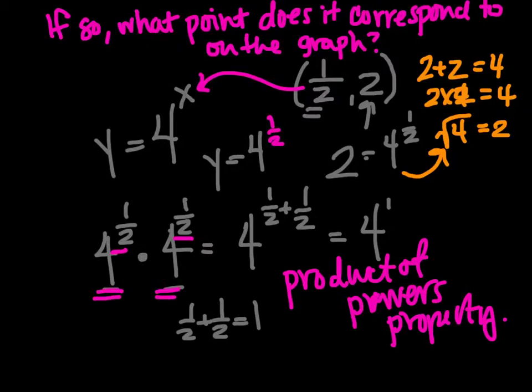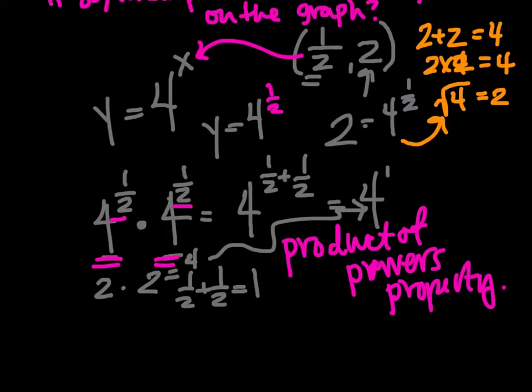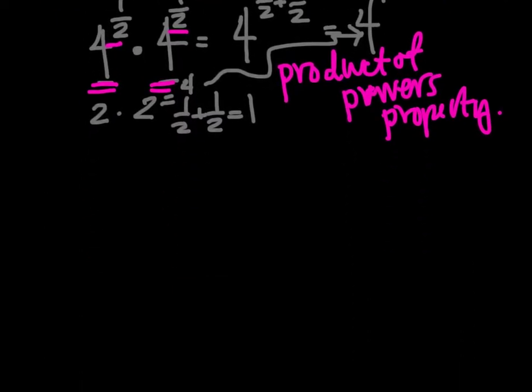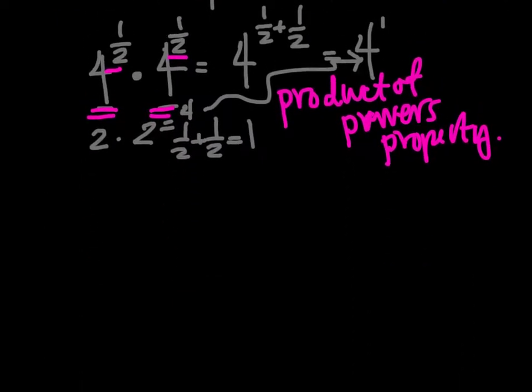We know that the square root of 4 is equal to 2, and the square root of 4 is equal to 2, and 2 times 2 is equal to 4, which is the exact answer of 4 to the 1st power. So, kind of interesting.